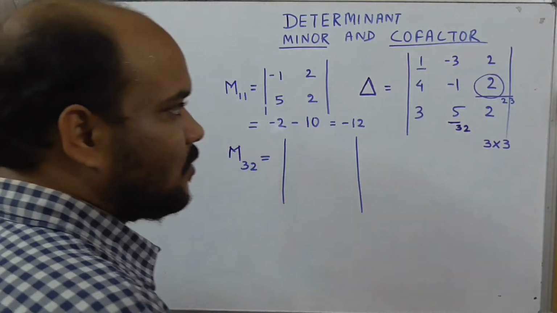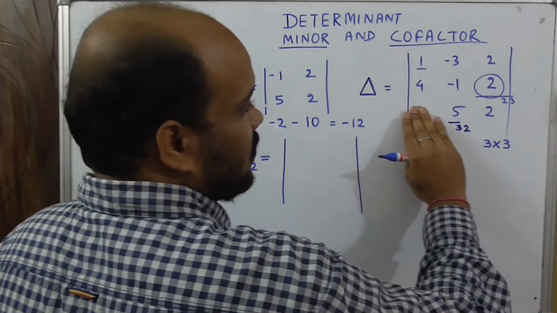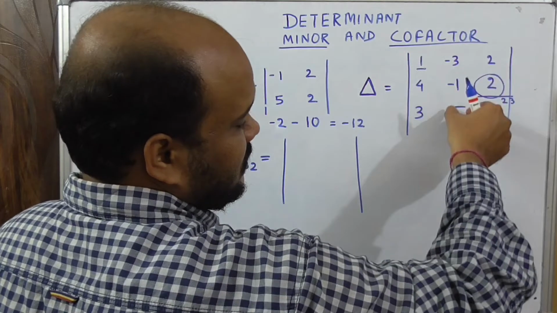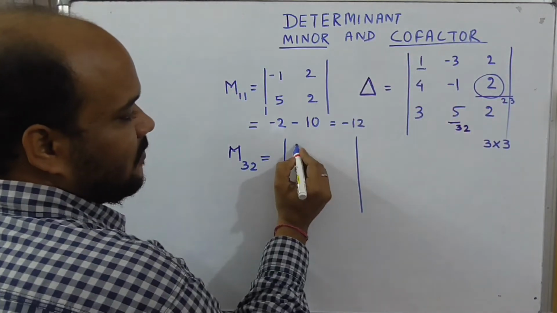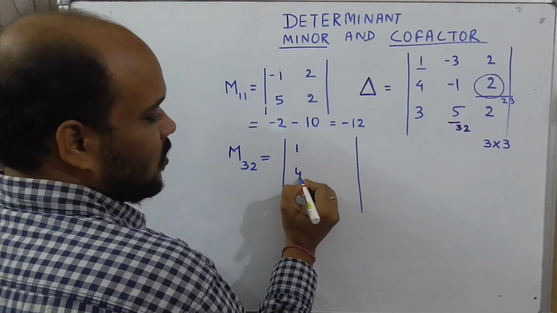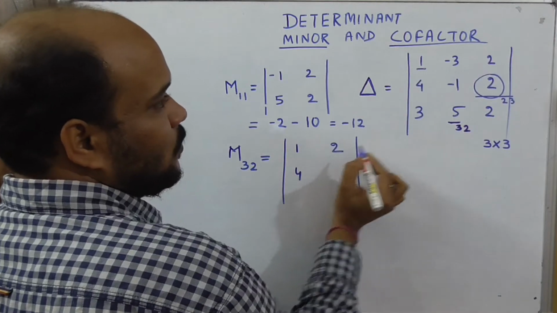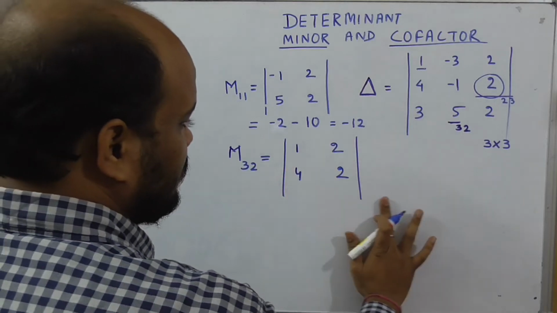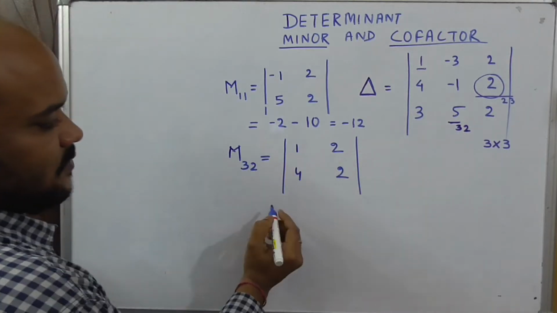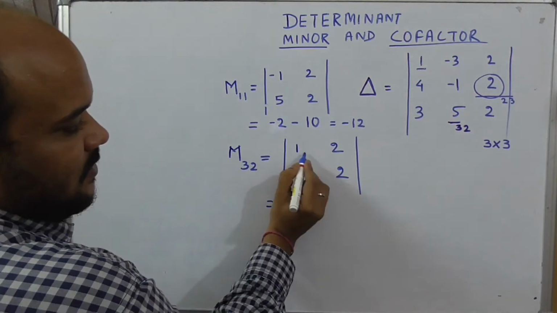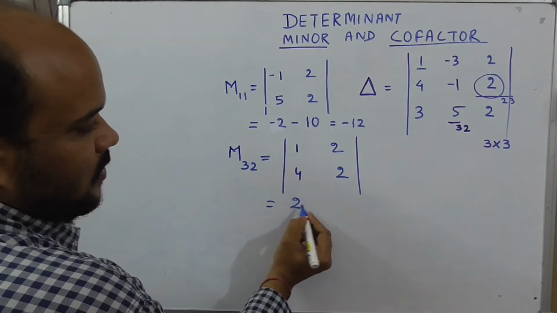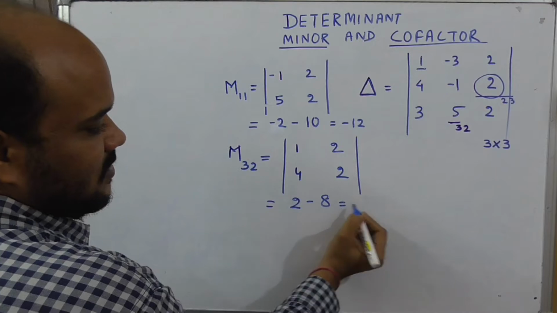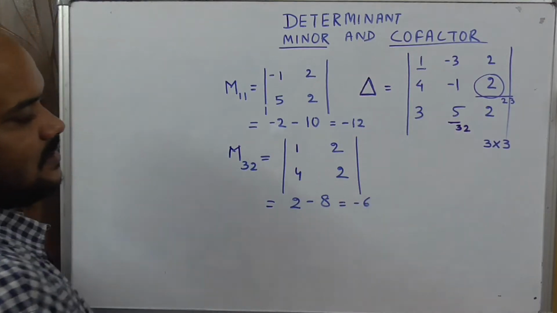I am left with 1, 4, 2, 2. The minor value for this is, cross multiply, 2 minus 8, so this value would be -6.